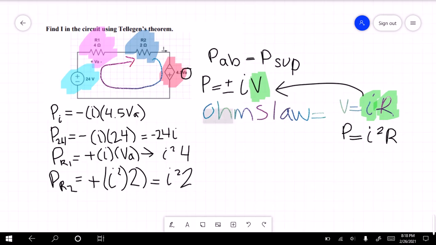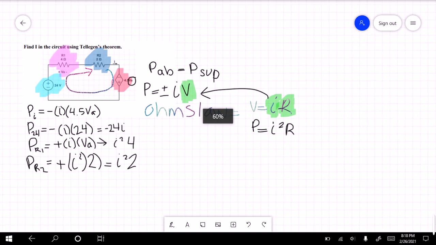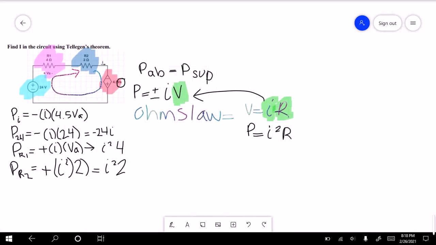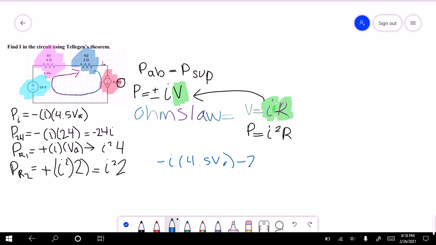Now that we know all of the power equations, we're going to make an equation. I'm going to do it in blue. So negative I times 4.5 VA minus 24I plus I squared times 4 plus I squared times 2 equals 0.